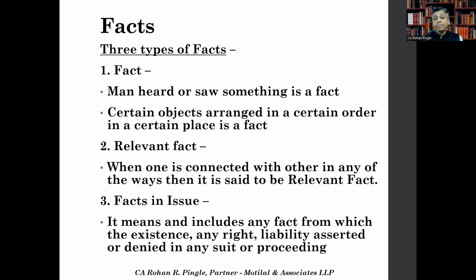A relevant fact: when one fact is connected with another in any of the ways, it is said to be a relevant fact. Facts in issue means and includes any fact from which the existence of any right or liability asserted or denied in any suit or proceeding follows.